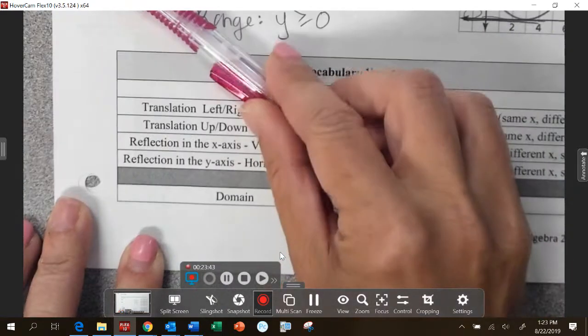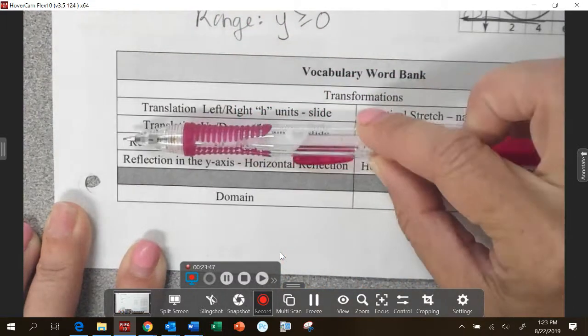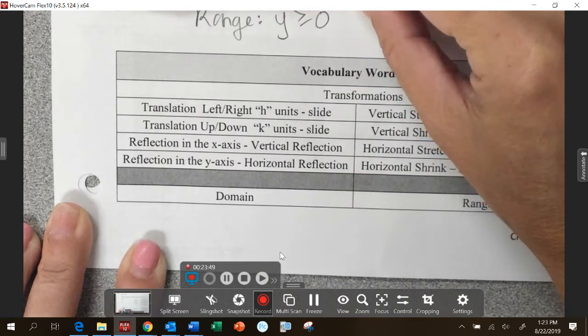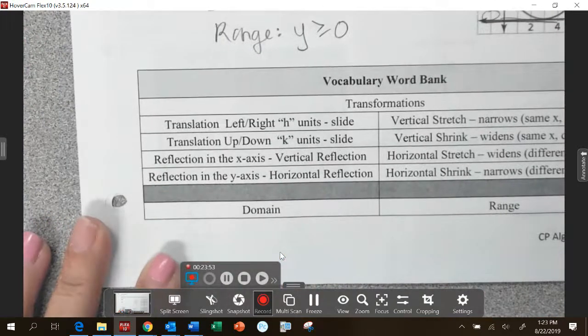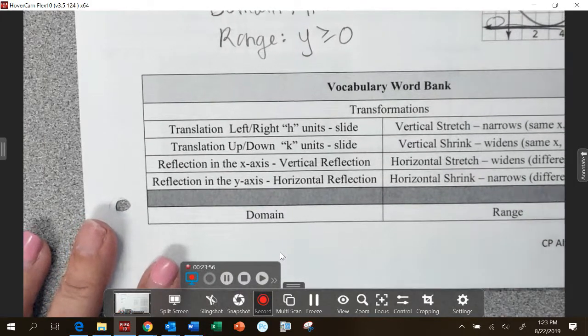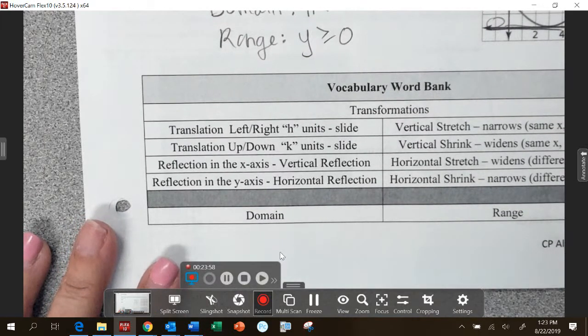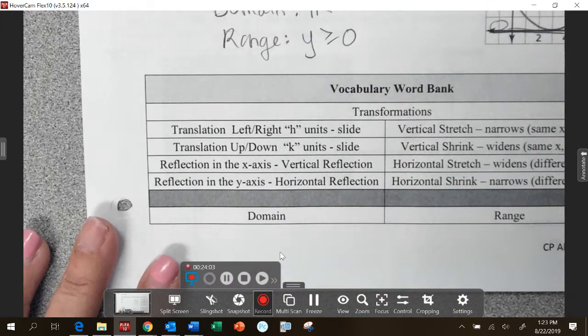Translate is when you take something and you slide it. Reflection would be like a mirror, except it's going to be up or down or side to side. Those are the only ones we're going to cover today.